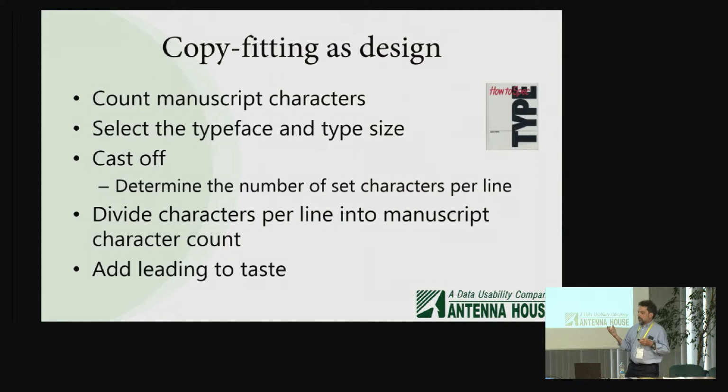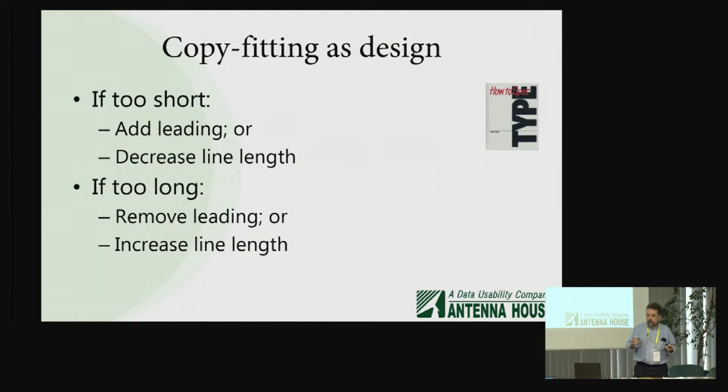You think of the typeface, the type size, you cast off, which is the term for determining how many characters in your average line. You work out how many lines you're going to have, and from that work out how many pages, and then you add the leading to fill the pages, and that'll give you a page count. If that comes out as too short, then you up the font size, or you adjust the leading, or decrease the line length, and if it's too long, you do the reverse.